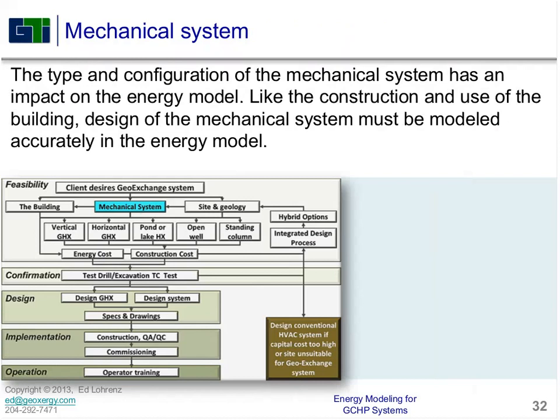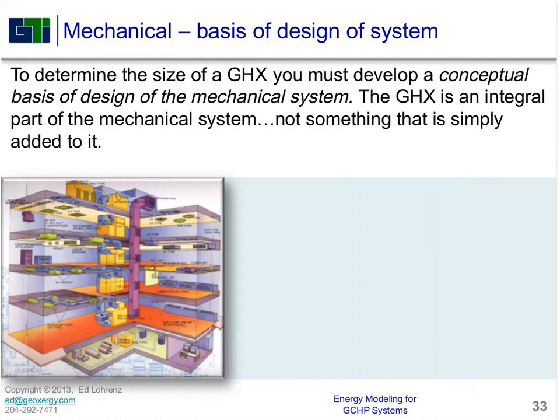If we also look at the mechanical system, there's a lot of impact that you can make simply by how the mechanical system is designed and what type of system is going in there. One of the big things is that you really need to understand that the ground heat exchanger is an integral part of the mechanical system.